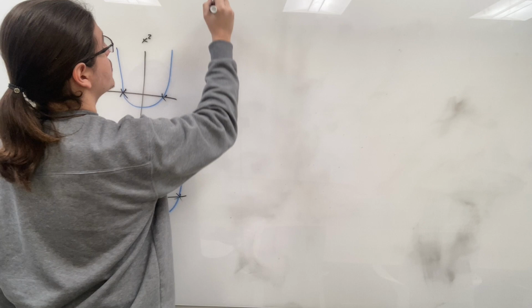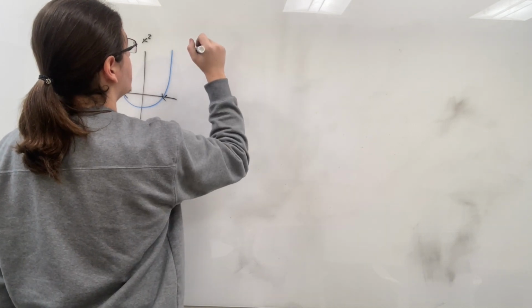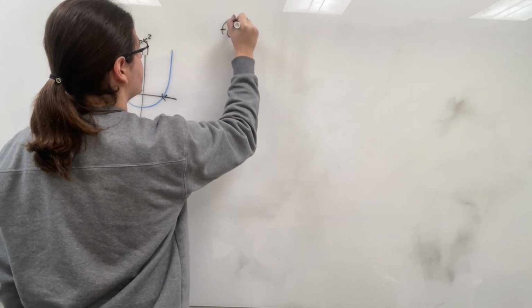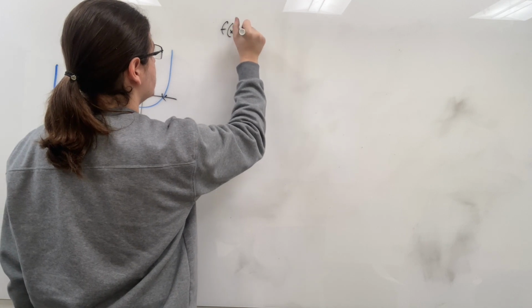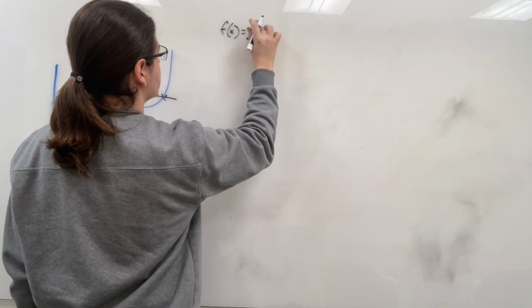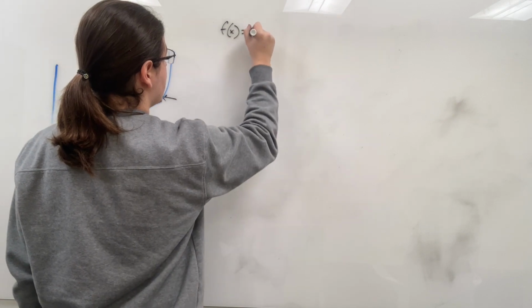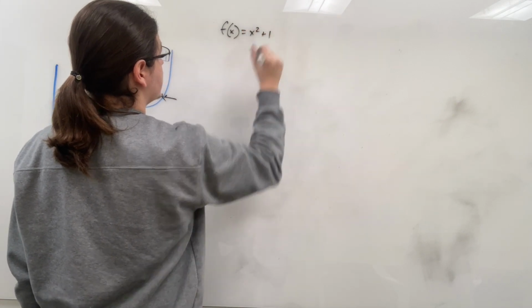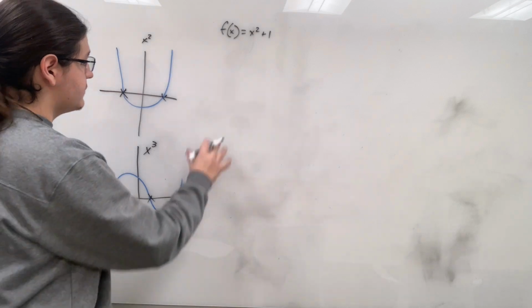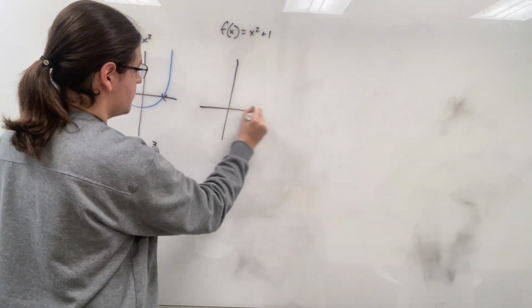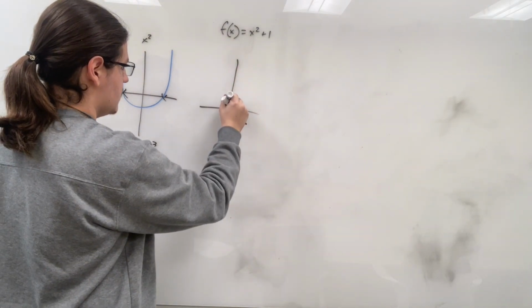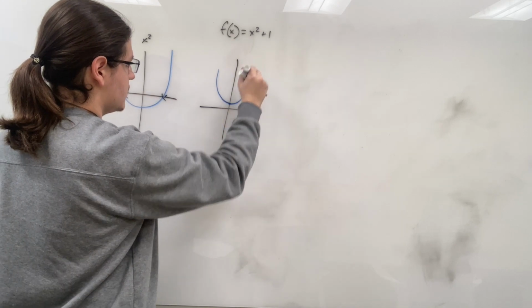Let's say our function was f of x is equal to x squared plus 1. Now this function looks a little something like this, right?